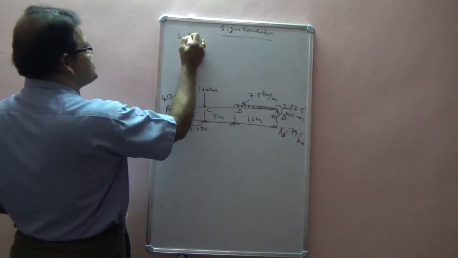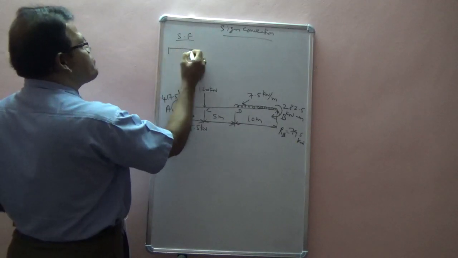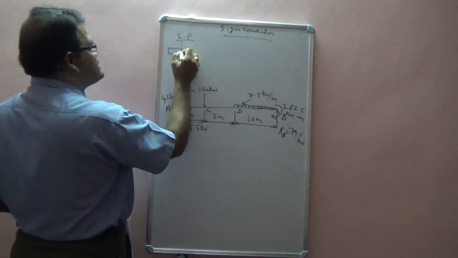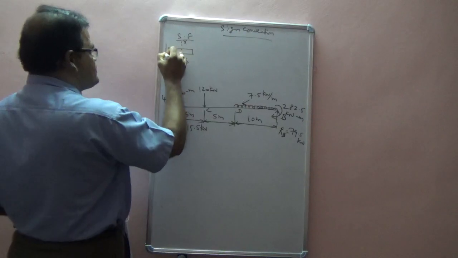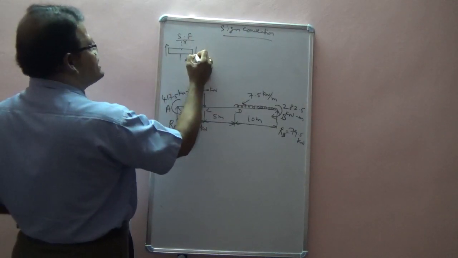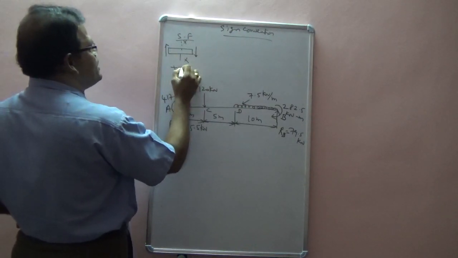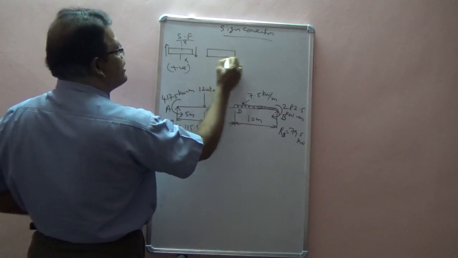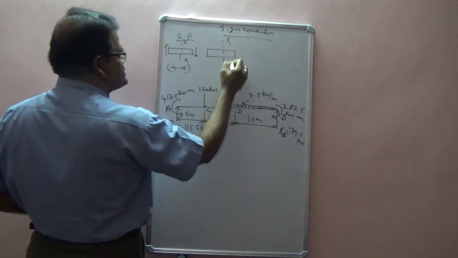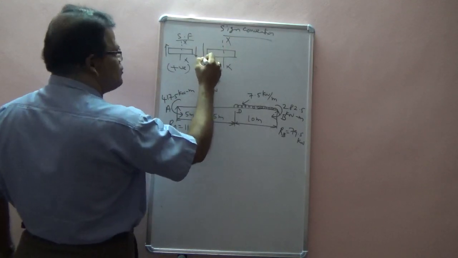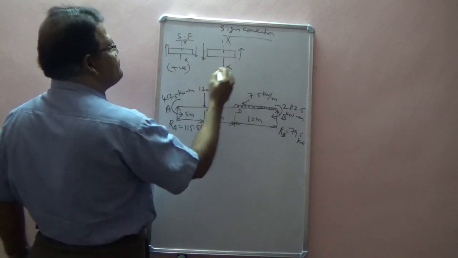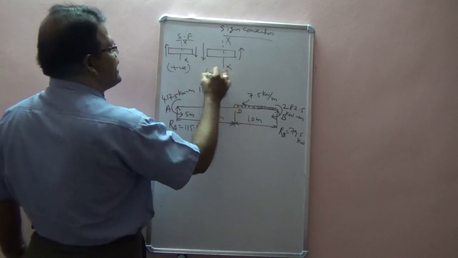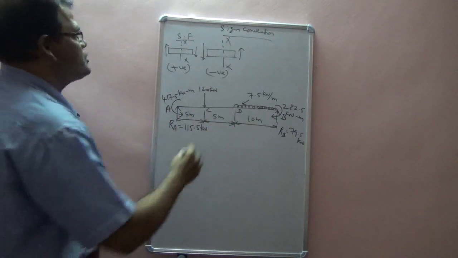For shear force, consider a beam with a section XX. Left side acting upward and right side acting downward is positive shear force. Consider a section XX with left side acting downward and right side acting upward: this is negative shear force.